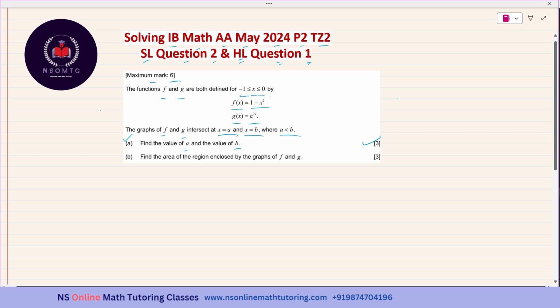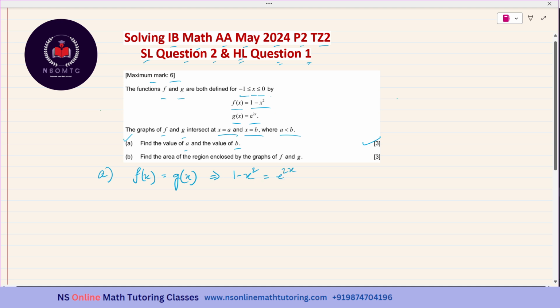Okay, so it is paper 2, so we will be allowed to use the calculator. They intersect, so f of x should be equal to g of x, which implies 1 minus x squared should be equal to e to the power of 2x.